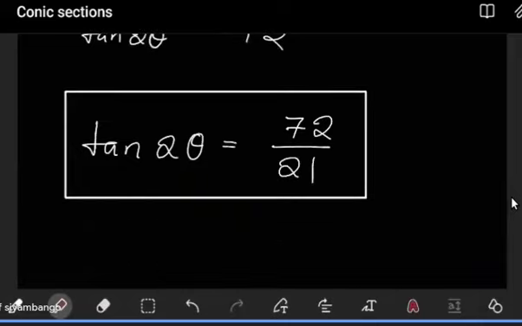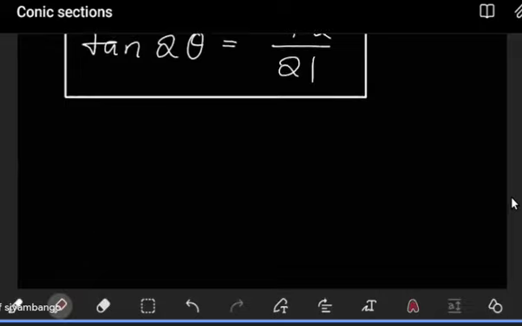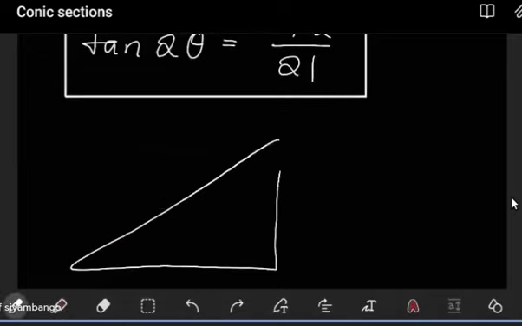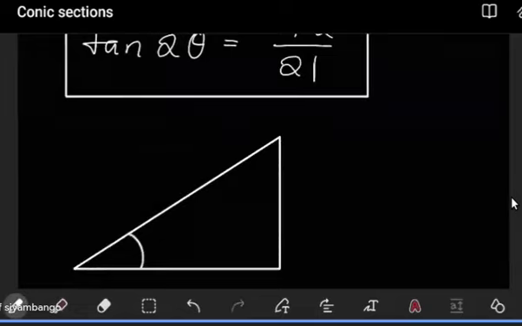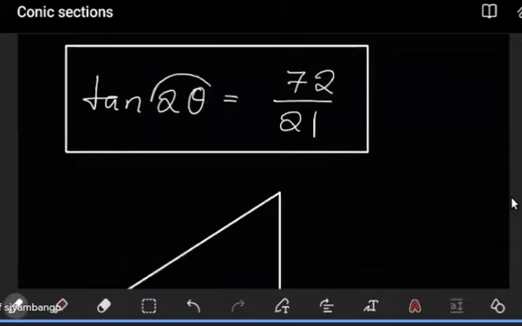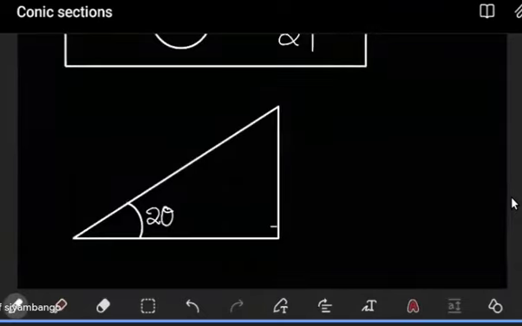Now, how do we do that? From here, we can use the relations of sine and cos. If we had a triangle, and let's say this triangle had an angle at the bottom, which is 2 theta. This is a right angle triangle.